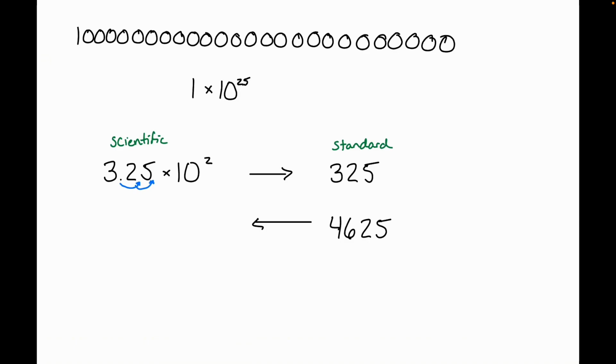So if I'm going to go the other way, I'm just going to count how many steps, 1, 2, 3, I need in order to move that decimal. So 4.625 times 10 cubed. All right, I bounced my decimal point over 3. That's how I got times 10 to the third.